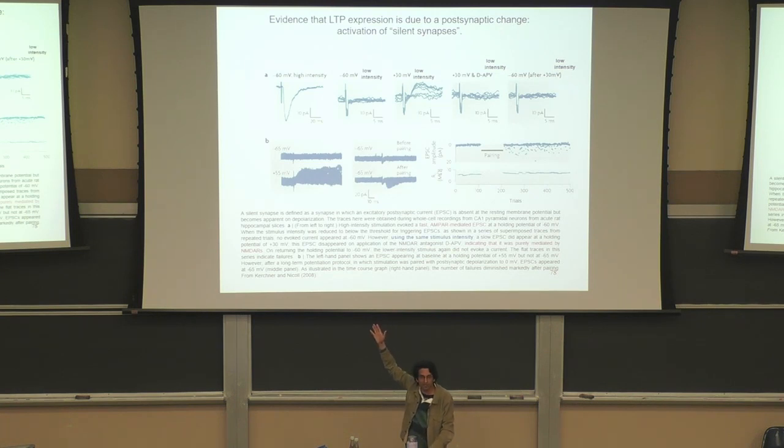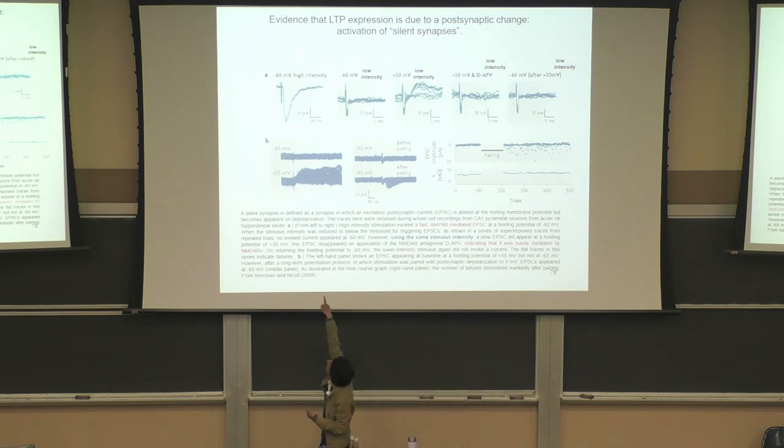And they don't have the normal kind of AMPA receptor response that appeared at minus 60 millivolts. And the reason the NMDA response appears at plus 30 but not minus 60 is because the NMDA response appears only when the cell is depolarized to get the magnesium clog out, and there's glutamate release, right?